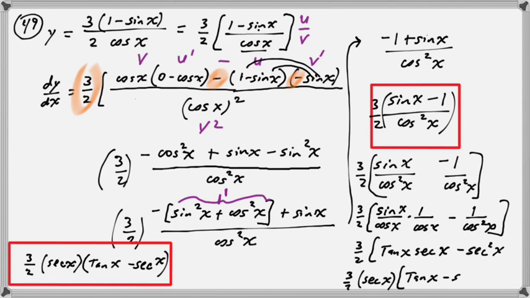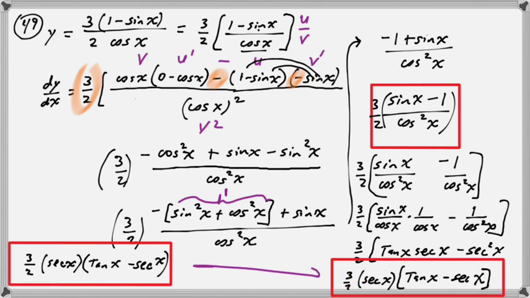Tangent minus another secant, not squared, but minus another secant. And I think at this point we've matched their answer. I hope these are equivalent. Again, I'm urging you to try to match your answer because sometimes it takes a little extra manipulation. And it's good to practice it.